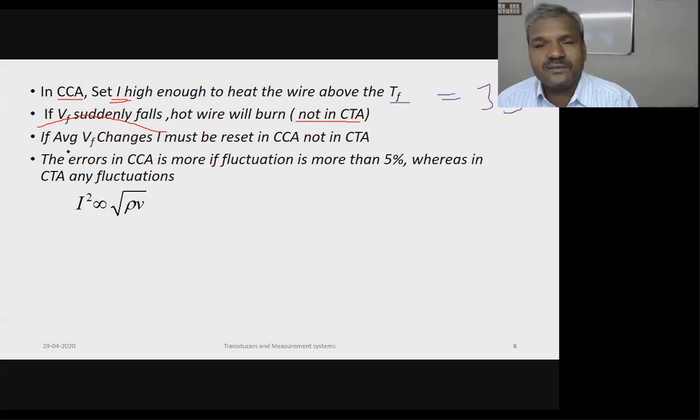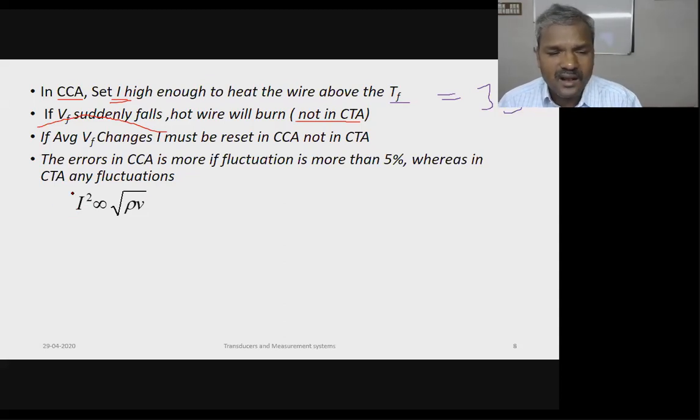Similarly, if the average velocity of flow changes, the current must be reset in the constant current anemometer. That is not required for constant temperature anemometers. Similarly, the errors in the constant current anemometer are more if the fluctuations are plus or minus 5% variations. Whereas this does not happen in the constant temperature anemometer. At any fluctuations in the fluid velocity, there will be a constant output coming from constant temperature anemometers.